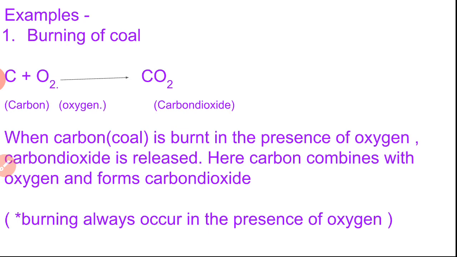In this reaction, carbon present in coal combines with oxygen and forms carbon dioxide that is released in the atmosphere. Here we can see that two reactants are combining and a single product is formed. So it is a type of combination reaction.